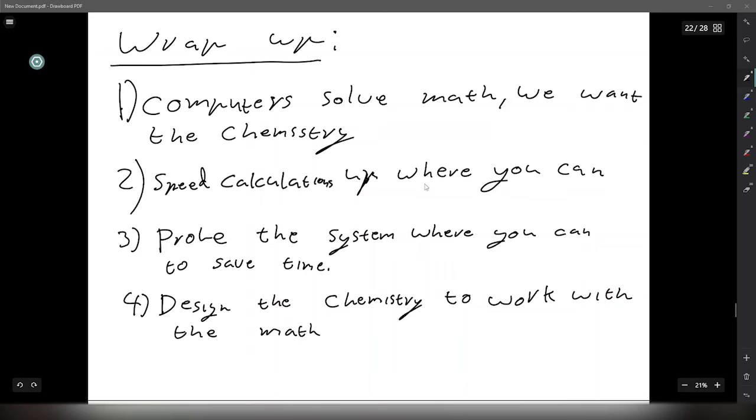Another thing you want to do is speed calculations up where you can. Basically, if you can get away with using slightly less accurate MECSim simulations, do that, because every number you drop that down by, you're going to speed everything up by a factor of 2.